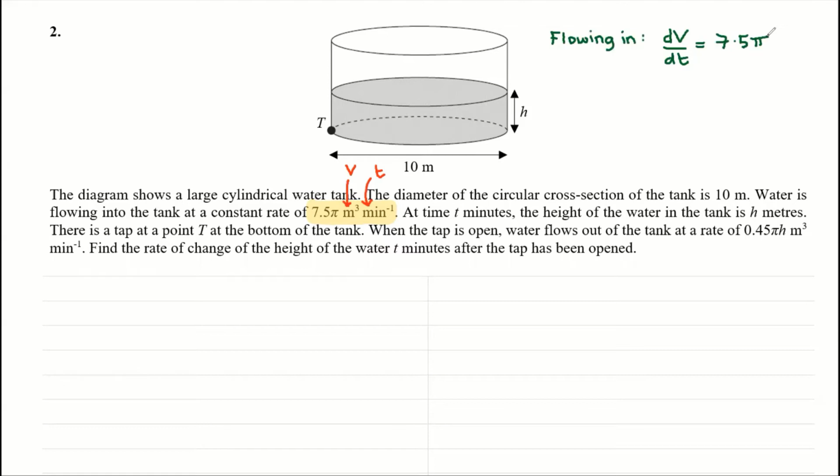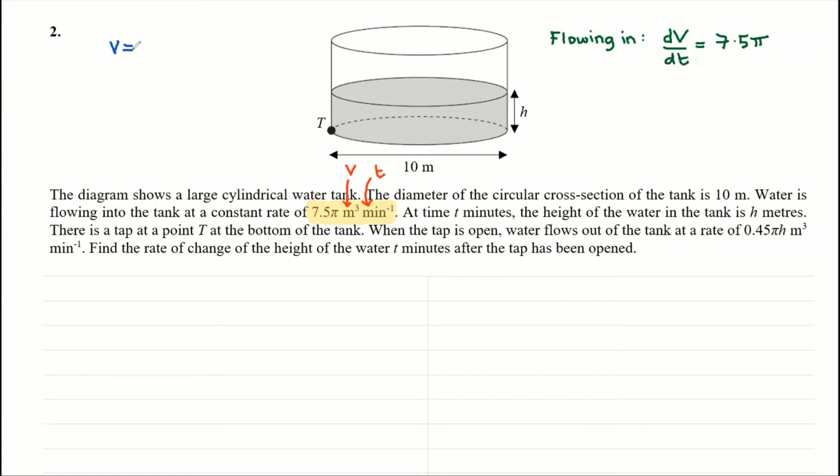Now, at time t minutes, the height of the water in the tank is h meters. Right. You can see clearly from the diagram, because this is a cylindrical tank, that's not just because it's a nice shape. Okay, that means something. So we have to acknowledge that we've got a cylindrical shape here. So I can see that the volume of water, okay, so I'll write this down.